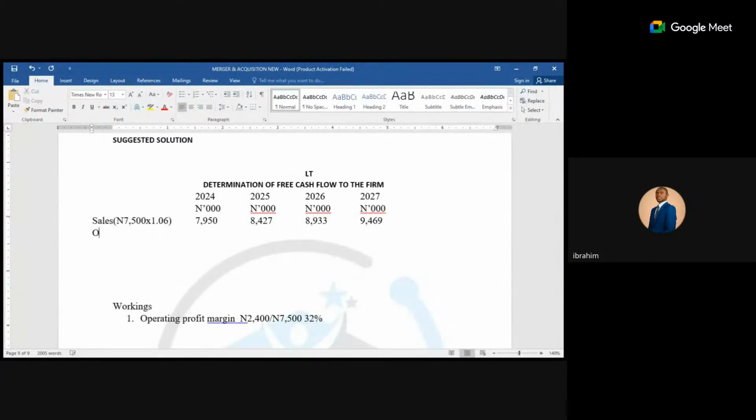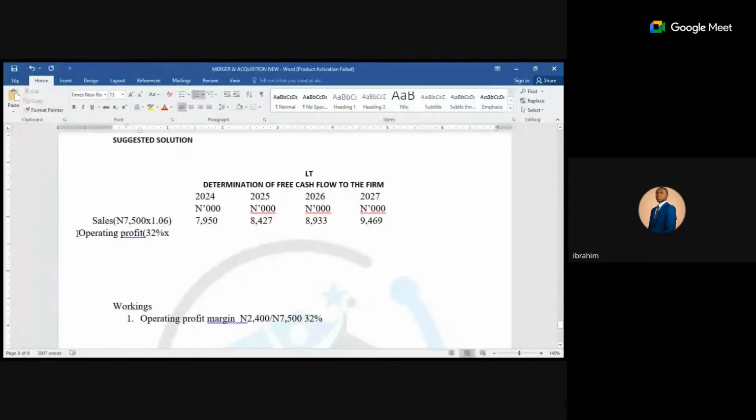our operating profit is 32%. Class, 32% of what will be our operating profit? Of sales, revenue of sales. Thank you. The operating profit margin is not expected to change.